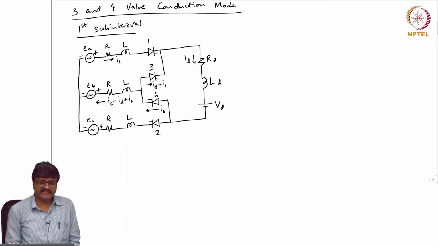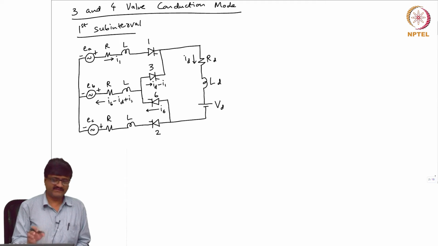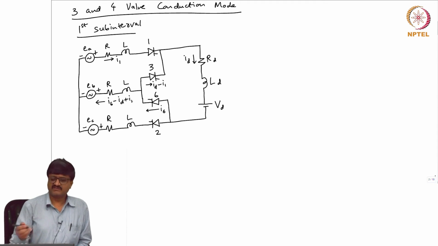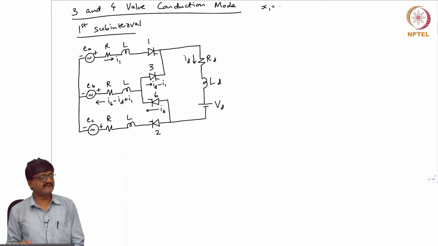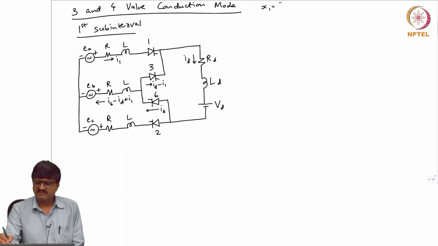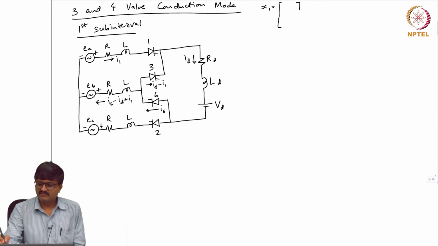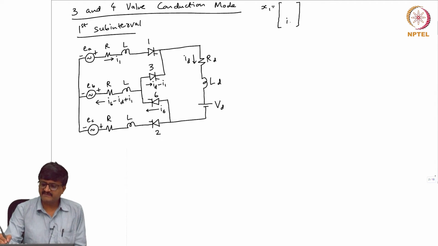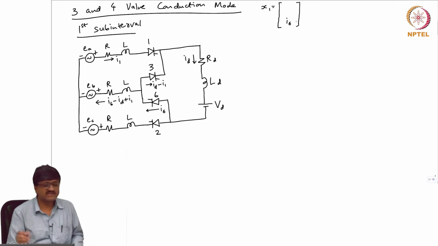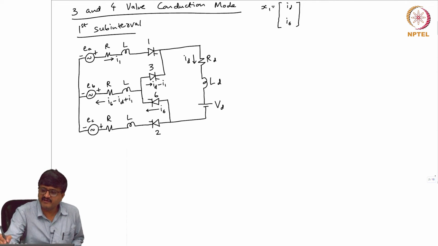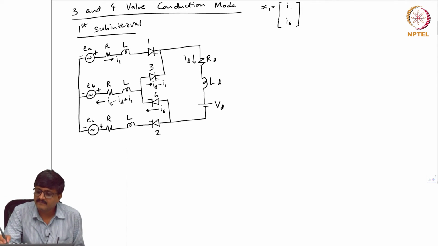So, there are 3 loops and I have to apply Kirchhoff's voltage law to these 3 loops. So, x1 is the state vector for the first subinterval. So, I have to take I6 as the last element of x1. So, the other 2 elements of x1 are ID and I1.